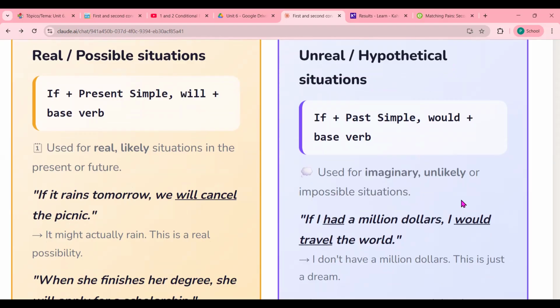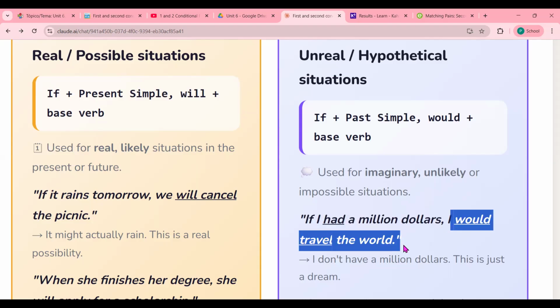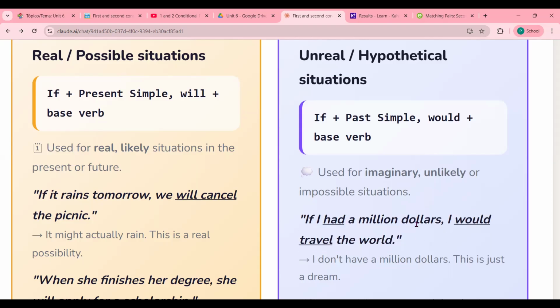Example: if I had $1 million, I would travel the world. But in real life, no money. It says, I don't have $1 million. This is just a dream in my imagination.